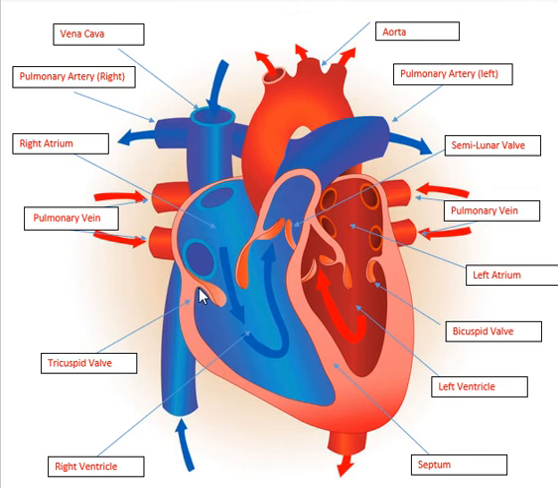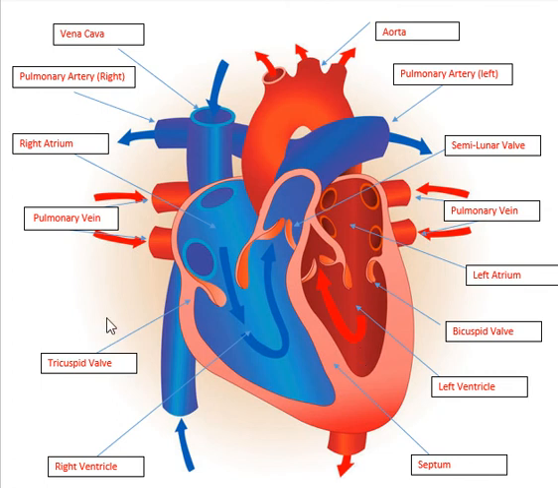One final thing before we go through the names, the valves of the heart. We've got valves here, here, here and here. They open and close to stop the backflow of blood. As blood flows through, they open to allow blood through, but then they close so the blood doesn't fall back into the chamber where it has come from.